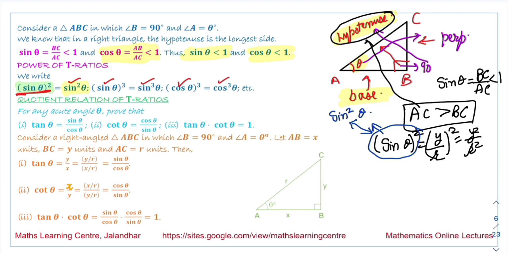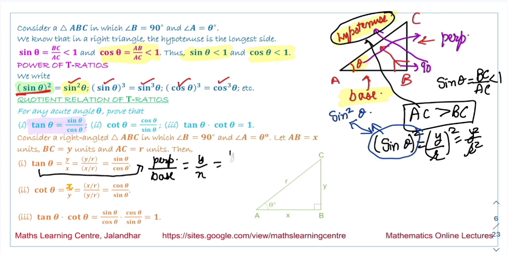Next, we have to prove that tan theta is equal to sine theta over cos theta. Now what is the definition of tan theta? The definition of tan theta is perpendicular over base, that is equal to y over x.